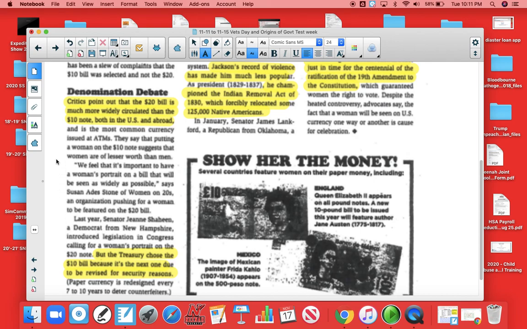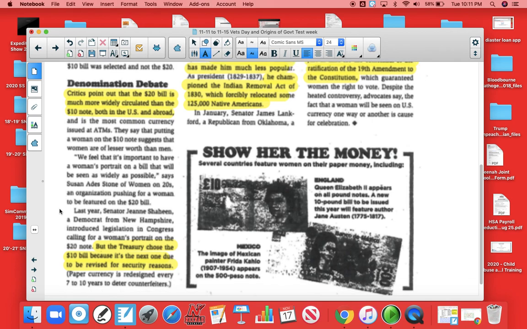Denomination debate. Critics point out that the $20 bill is much more widely circulated than the $10 note, both in the U.S. and abroad, and is the most common currency issued at ATMs. They say that putting a woman on the $10 note suggests that women are of lesser worth than men. We feel that it's important to have a woman's portrait on a bill that will be seen as widely as possible, says Susan Addies Stone of Women on 20s, an organization pushing for women to be featured on the $20 bill.